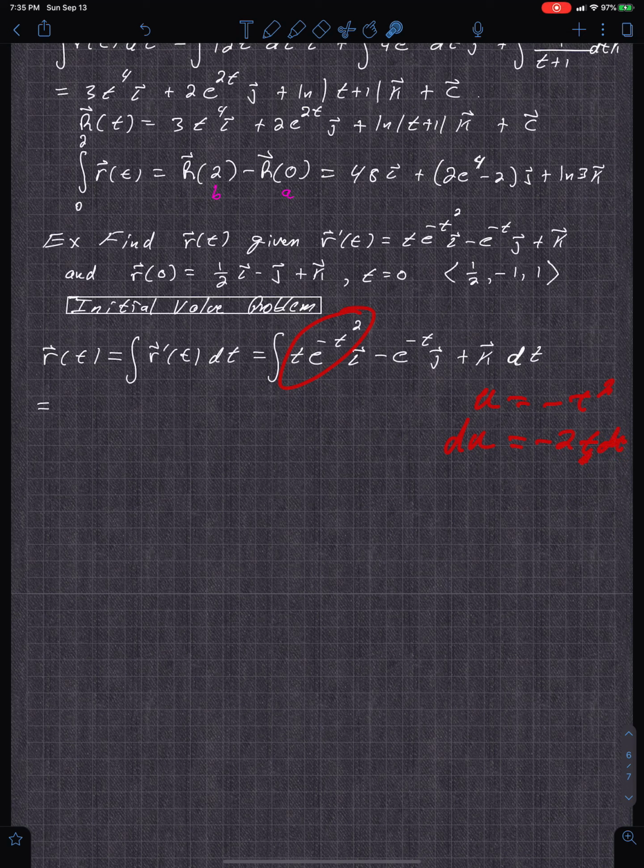So one of those t's is going to cancel, or you think of it as that t dt is this. I did a little stuff to the side here. If you pick u to be negative t squared, du is negative 2t dt. Okay, I didn't leave myself enough room.